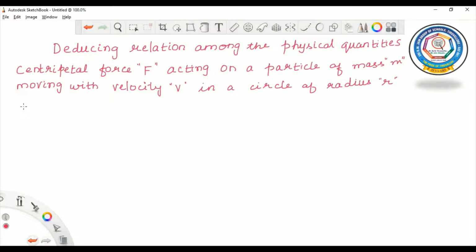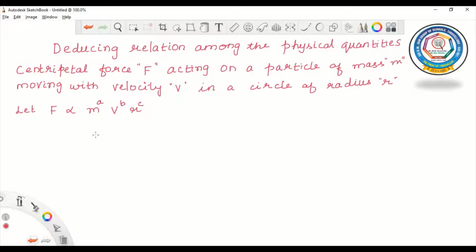So let us consider F, that is centripetal force, which depends on mass, velocity and radius r. So let us take m power a, v power b and r power c.